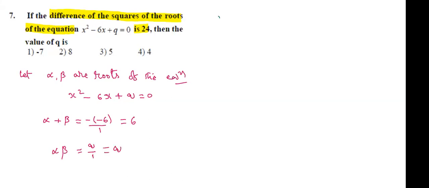Now, given condition, what is given? The difference of squares of the roots of the equation is equal to 24 given. Then find Q value. So alpha square minus beta square. We can write alpha plus beta into alpha minus beta.